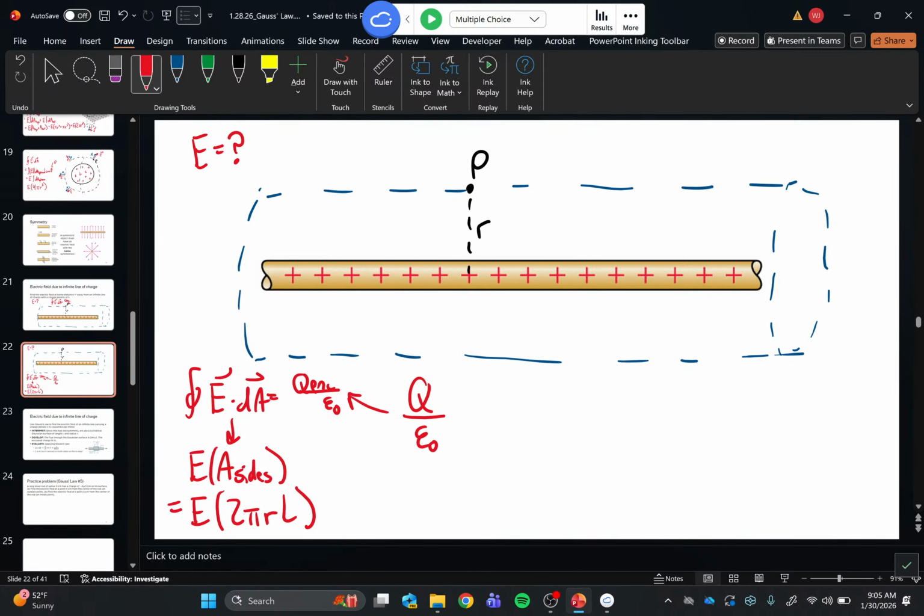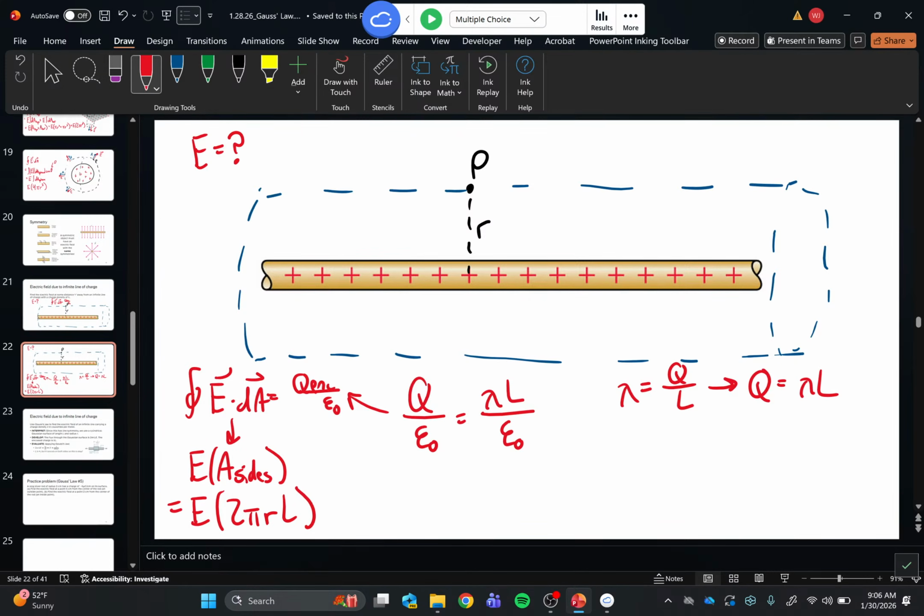But remember that charge density is charge over length. That is the definition of charge density for a 1D object. Rearrange that: Q equals lambda times L. So what does this side turn into? Lambda L over epsilon naught. How much charge do I have inside?